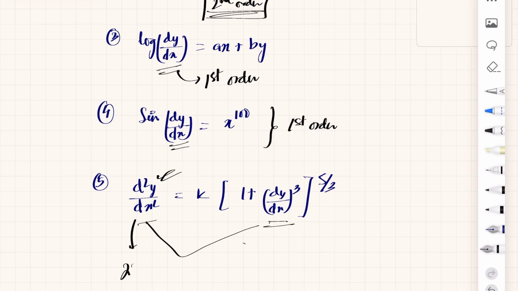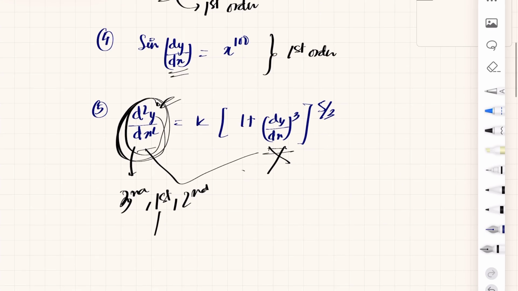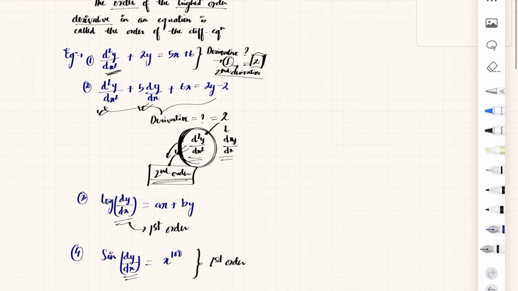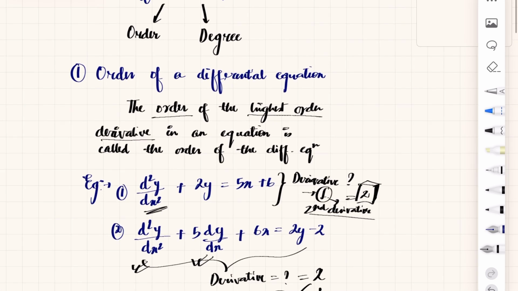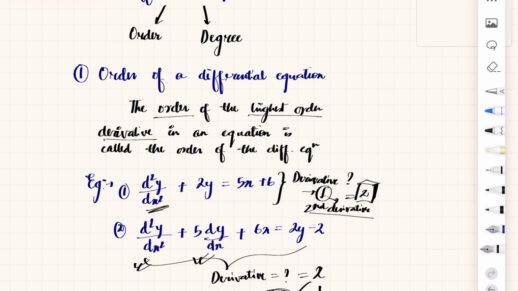So then what is the order? Is it the third order, first order, or second order? We should not look at this. We should go for the highest derivative. The answer is what? Is it the first order? It is the second order, right? This is the answer. Okay. I've given enough examples of the order of a differential equation.